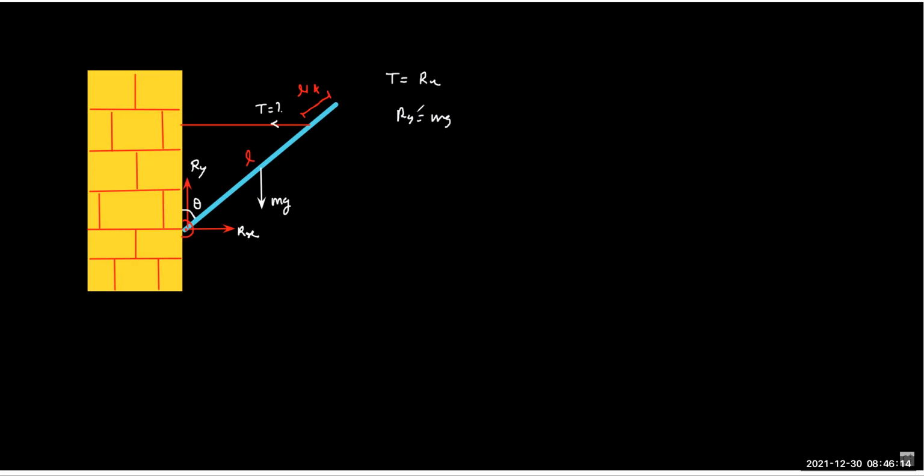So if you write the torque about the hinge, what can we write? Torque about O equals T into 3L by 4 cos theta. This is the torque.